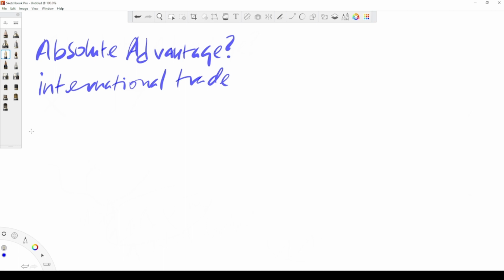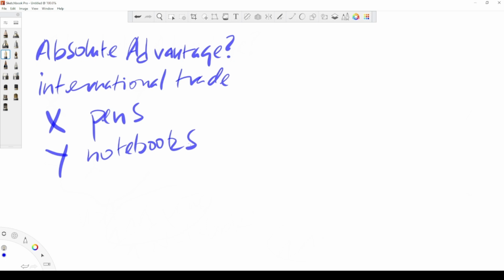If you have a country, say X, which is better at making pens, and you have another country, say Y, which is better at making notebooks, then it makes sense for each country to focus on the area where they have an advantage and trade.